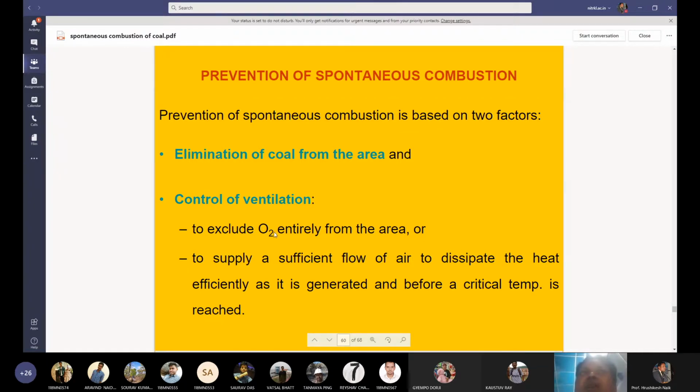The GOF area, where no person is working. Otherwise, if coal is lying in the GOF area, it will catch fire. So these are the two means by which you can prevent spontaneous combustion.